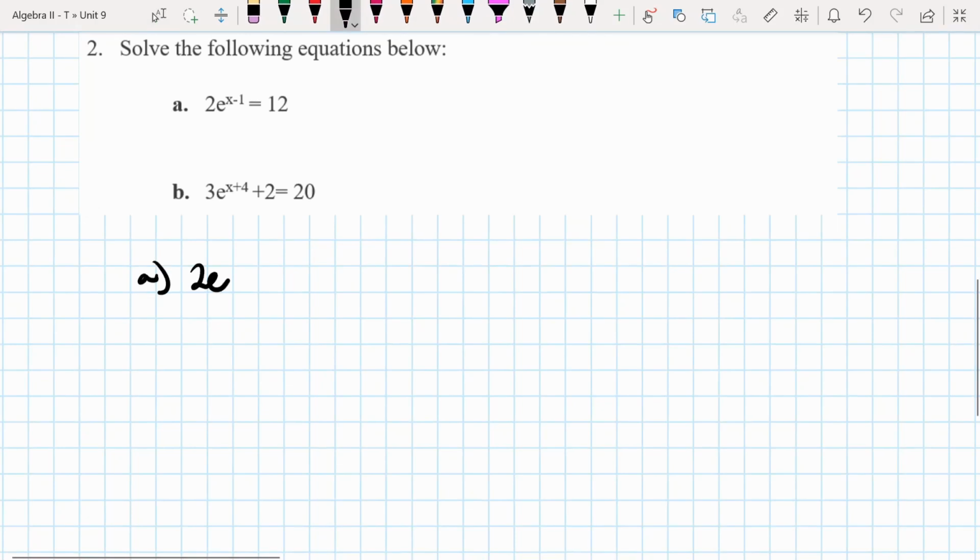So here we have an exponential equation. It is an exponential equation because the variable x is inside the exponent of the function. Okay. If we want to solve an exponential equation, the first thing we're going to do is isolate the exponential term. That's this right here. So to do that, we're going to divide by 2 on both sides.